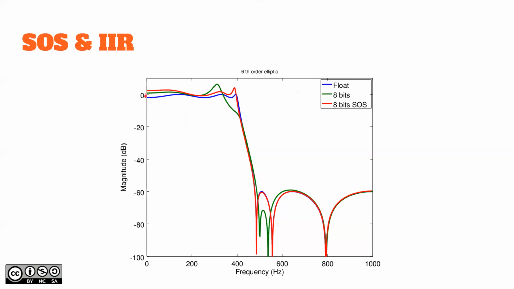About, is that 5 dB? 5 dB in between. So rounding error actually also gave a little bit more gain to the system. But the filtering characteristic remained about the same.